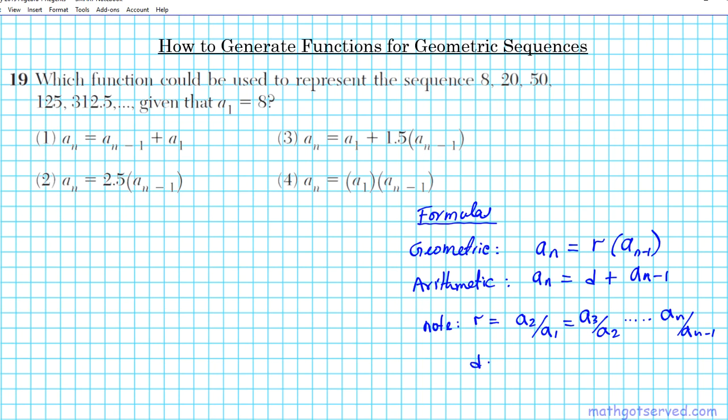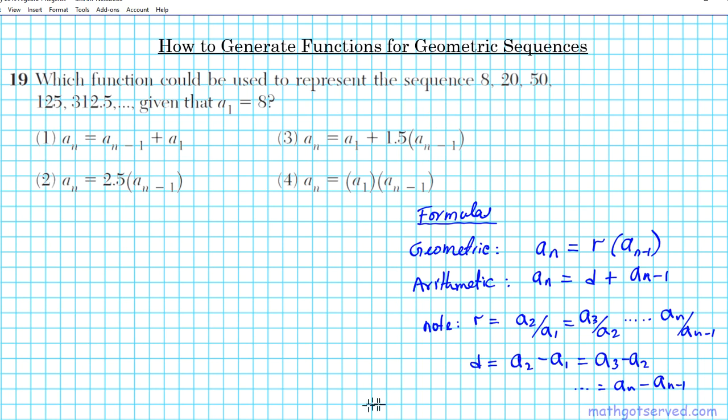Alright, and then for the common difference, it's basically the term minus the term before it. Okay, a2 minus a1, or a3 minus a2, or a sub n minus a sub n minus 1. Alright, so that's that. Now let's look at what we have here.